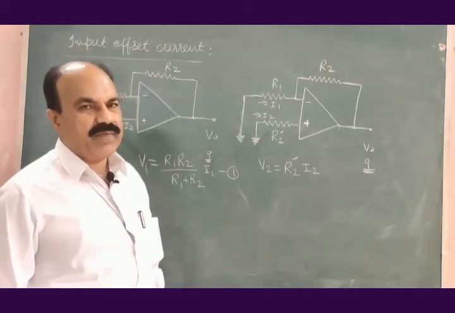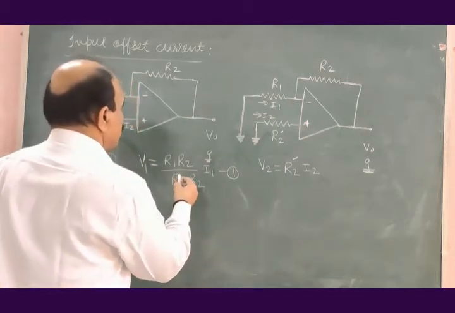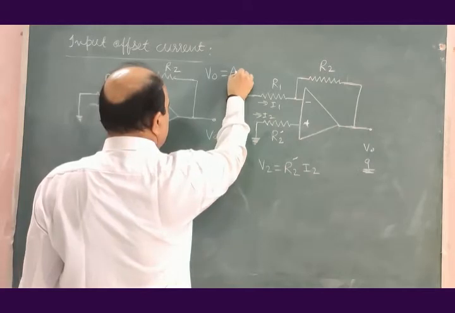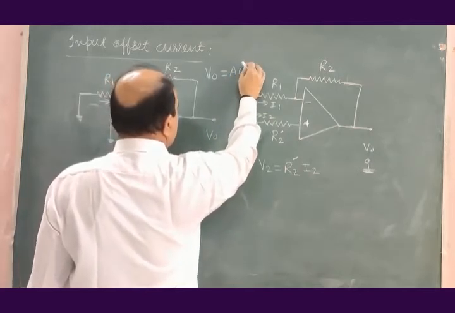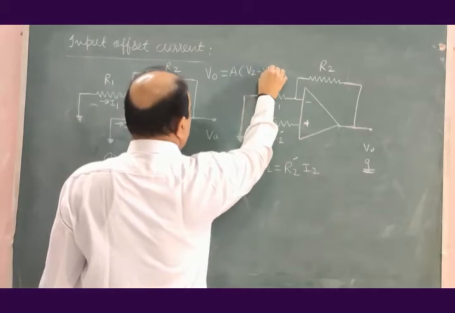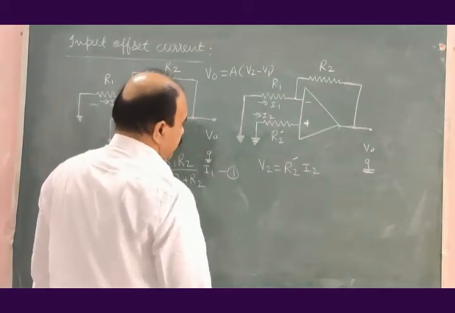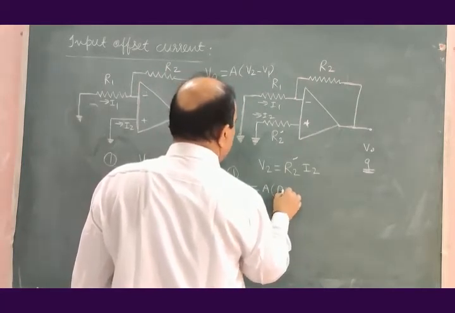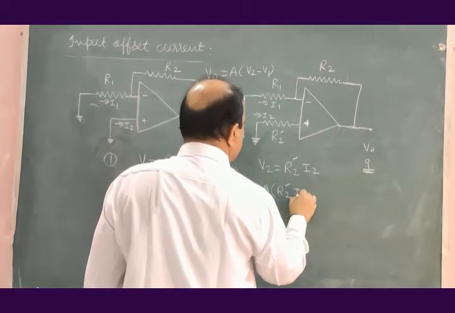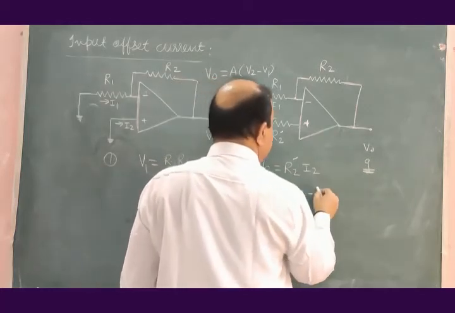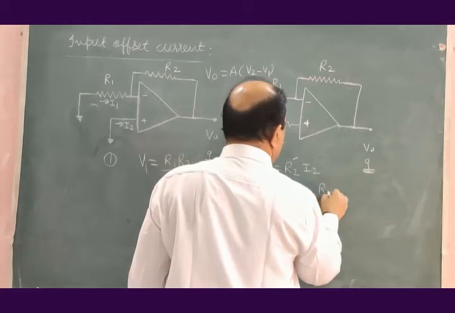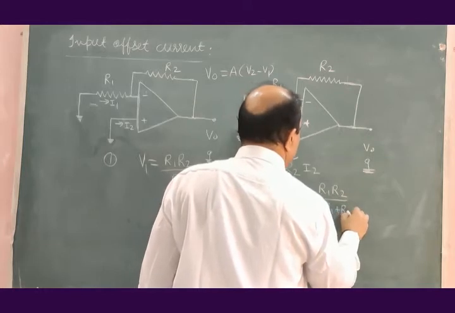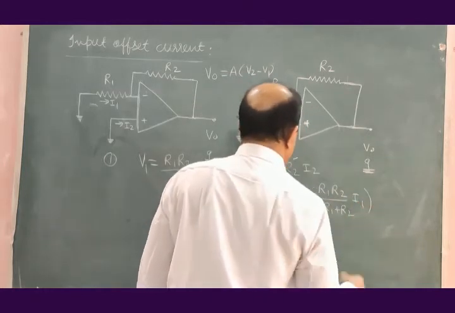The output voltage is given by VO is equal to gain A into V2 minus V1, that is nothing but A into R2 dash I2 minus R1 R2 divided by R1 plus R2 into I1.